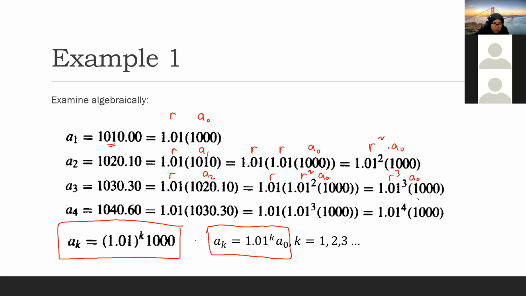This looks like an exponential. So this is like a base. So this looks like A of K equals to B to the power of K times A naught. Doesn't that look like an exponential function, exponential formula? Because we have some base and then to the power of K.